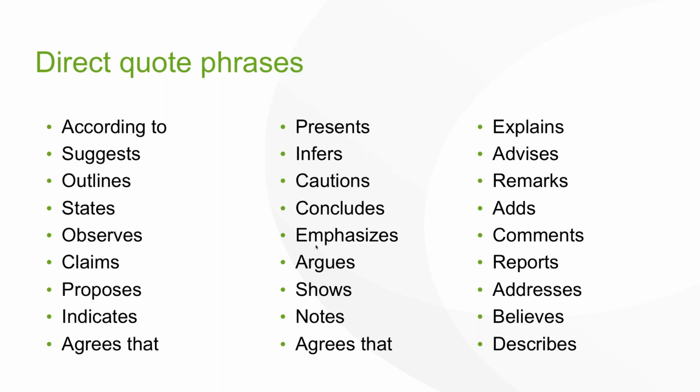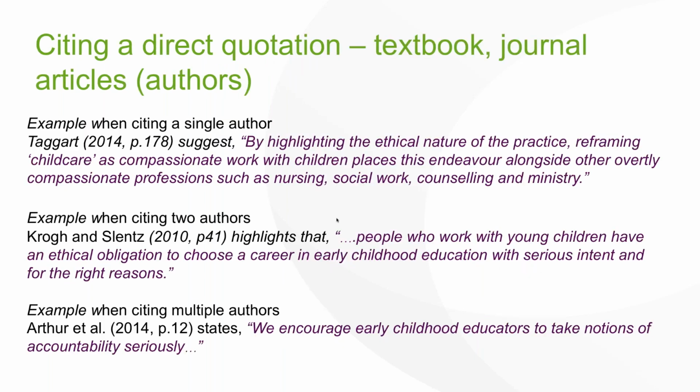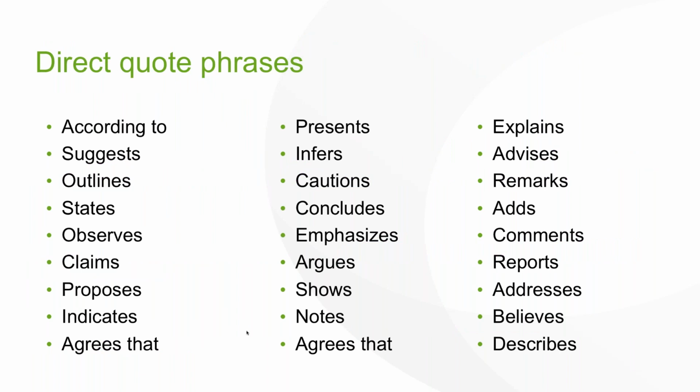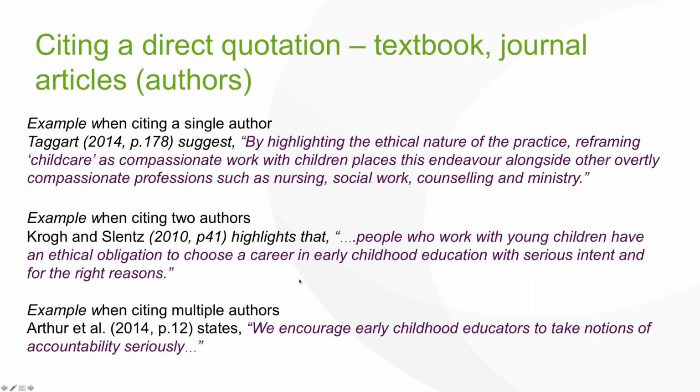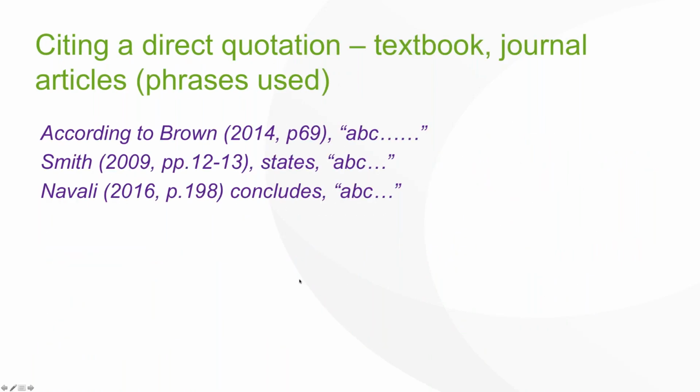We use these different words to assist with our referencing. So if I just go back a page, you'll see Taggart suggests, Krogh and Slentz highlights that, Arthur et al. states. That's what I mean by using these phrases. So according to Brown, Smith states, Navalny concludes, and we put in the wording around that.